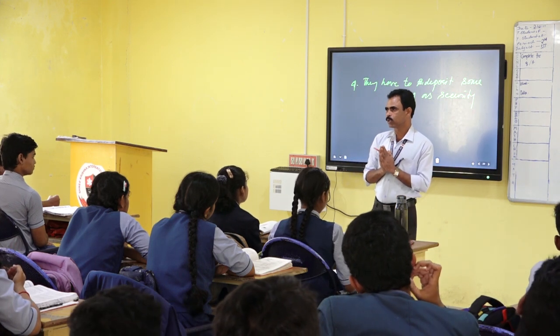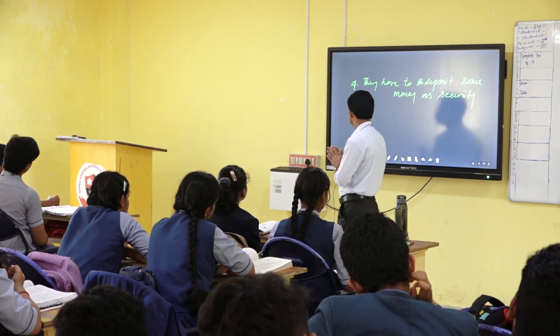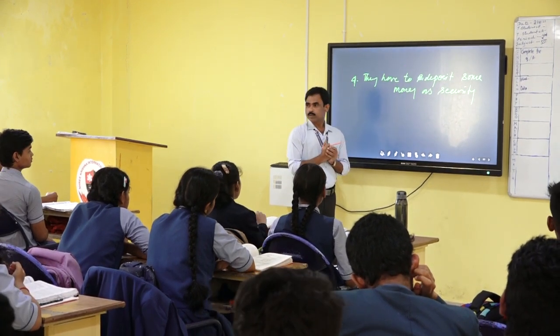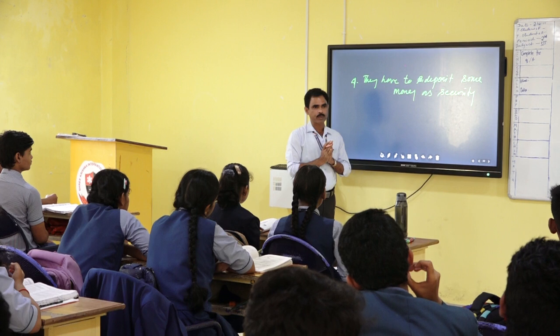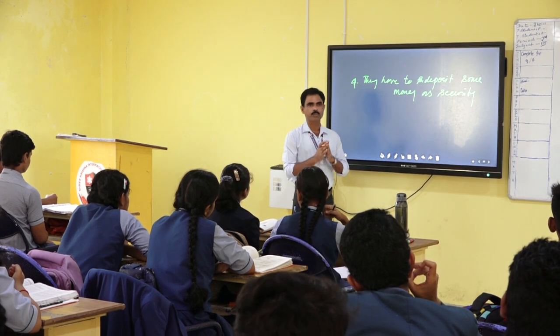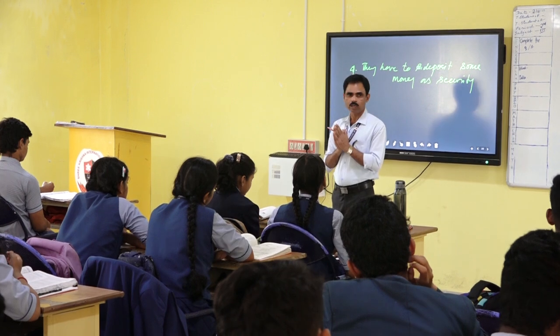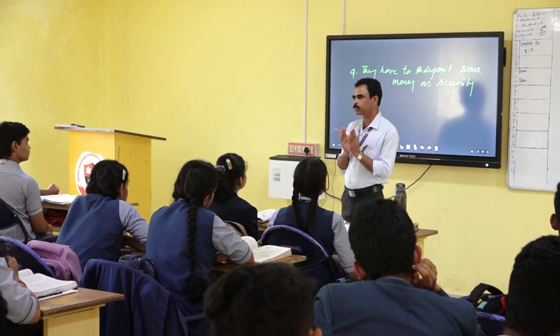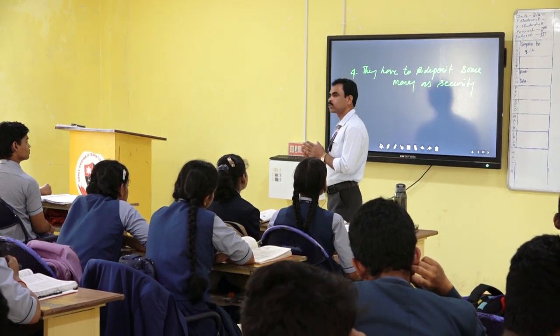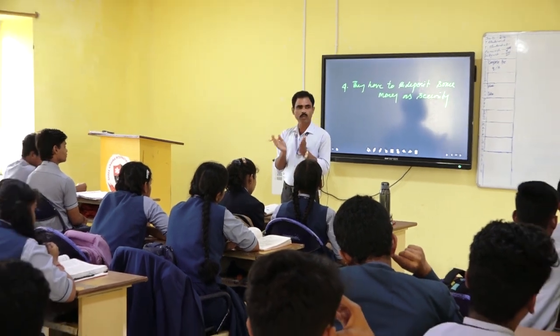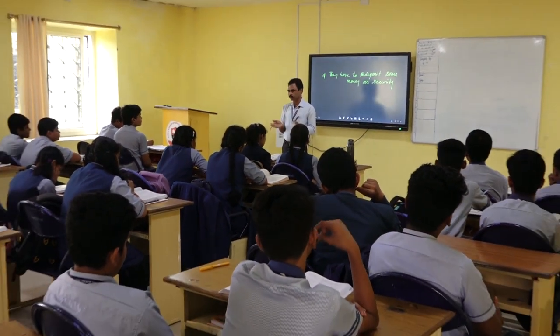Clear, understood? So 3 processes we already studied today. First, elections are held every 5 years for the Lok Sabha and for the Vidhan Sabha. These are called the general election. And sometimes the Lok Sabha and Vidhan Sabha are dissolved before fulfilling their 5-year terms.